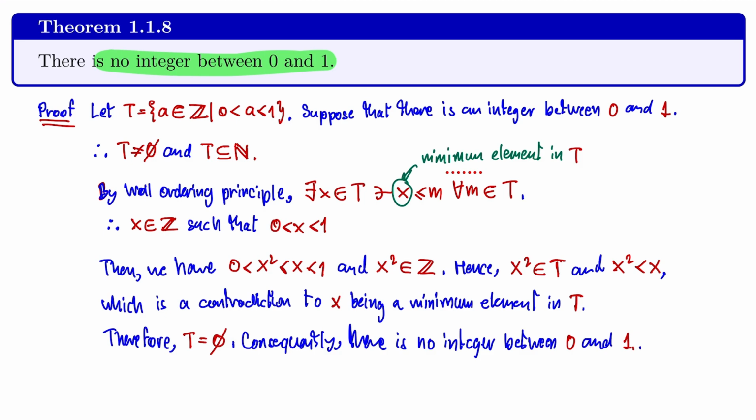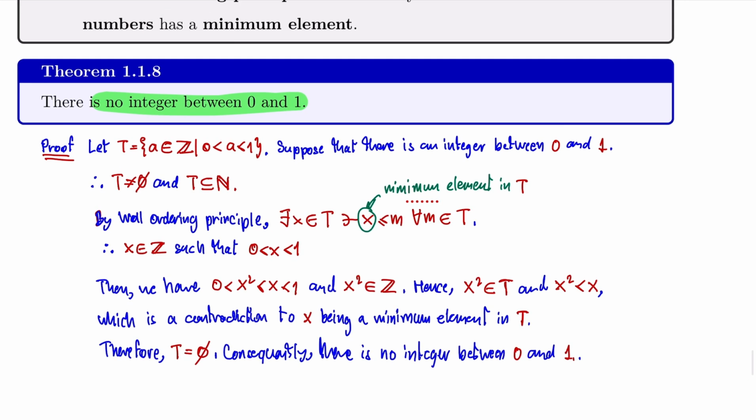So this is how to prove there is no integer between 0 and 1. We finished the proof already.